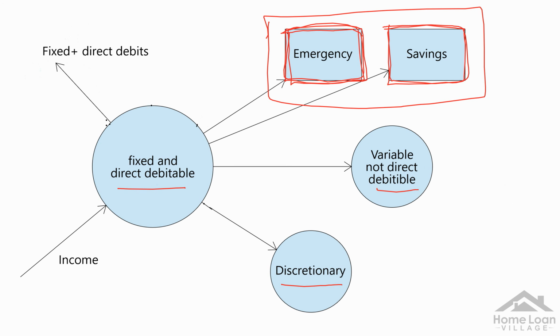Now the savings fund here, very simply, you're just saving for the long term. So it might be for something like a deposit for a house, that sort of thing. You could also have other savings accounts, like maybe a holiday, something like that. For the moment, as I said, I'm trying to keep this really, really simple. Just have one. But you want at least one savings account that you're not saving for anything particular.